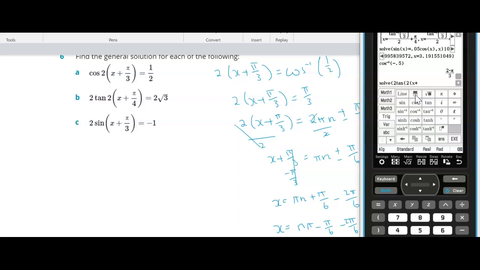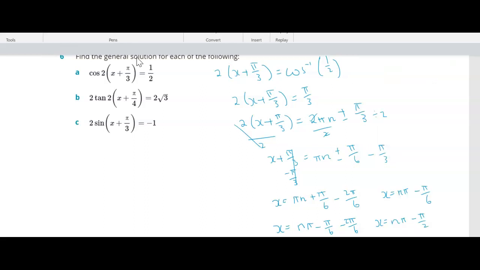Solve x plus pi on 4 equals 2 root 3, and we're solving for x, so comma x. And remember, we don't restrict our domain. So we end up with this sort of solution.